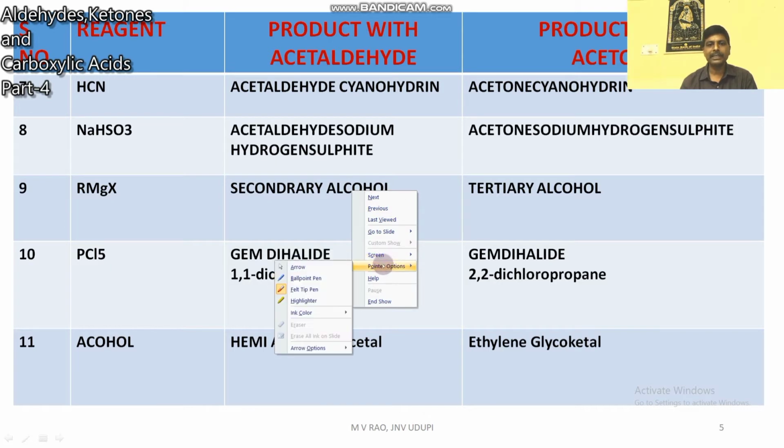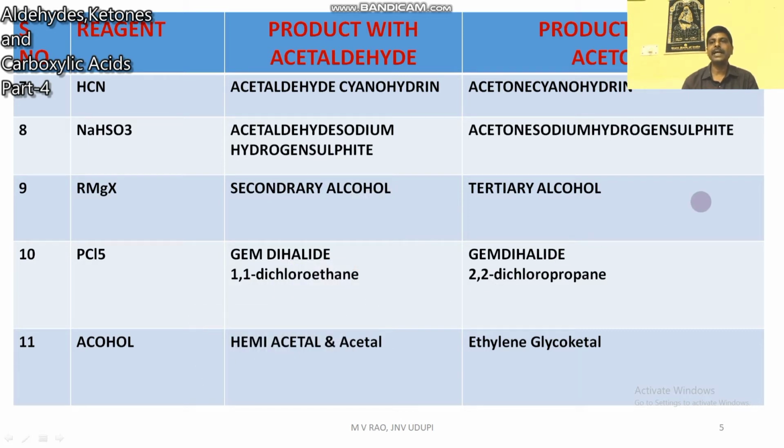Now you have seen the earlier 6 properties, which are nucleophilic addition reactions with loss of water. Now these 5, that means properties 7 to 11, are addition reactions without loss of water. Only addition will take place. The first reagent is HCN, hydrogen cyanide.